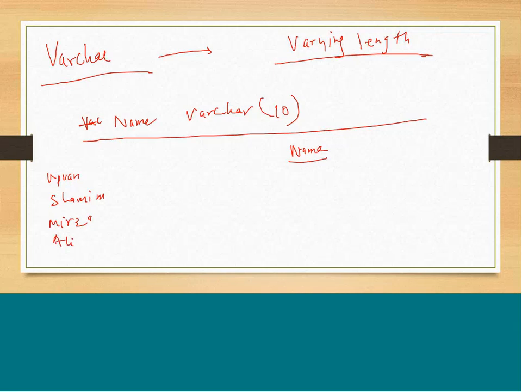Upwan will be stored as U P V A N, and that's it. There will be no extra padded space in this case. It will adjust its length to become the same as the input. But it won't be more than 10. We cannot store anything more than 10 here.